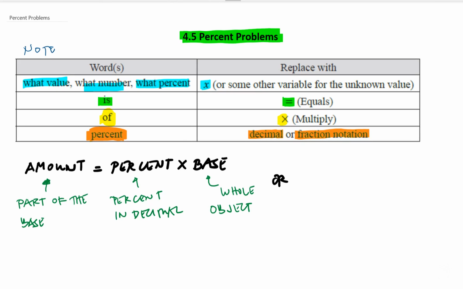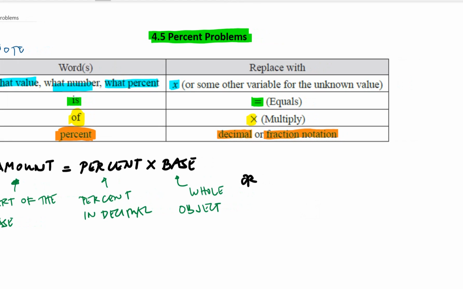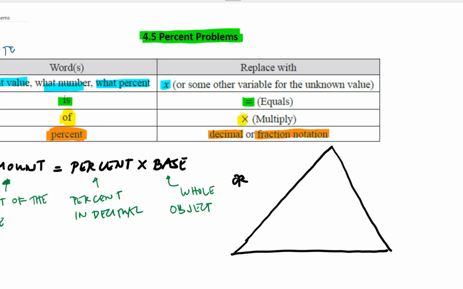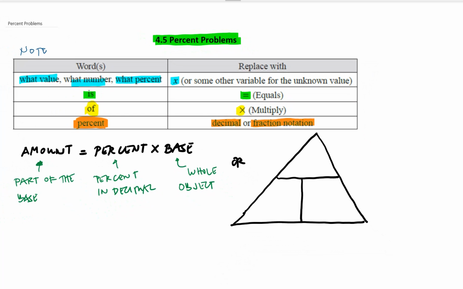Or you can use what we call the percent triangle. So the percent triangle is very useful when you have an equation that involves three quantities. The lower left of your triangle would be your percent.